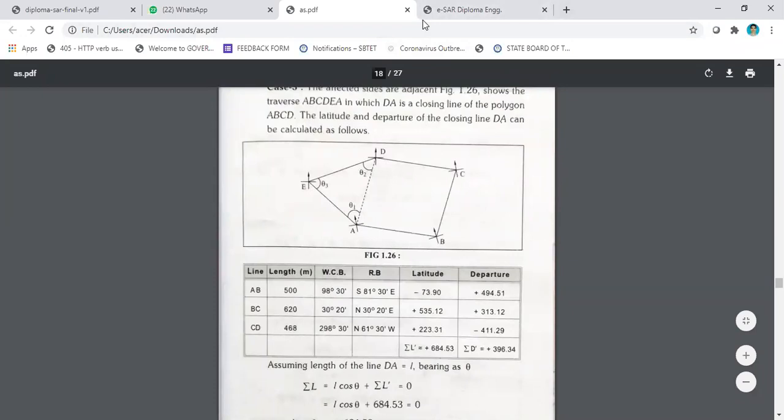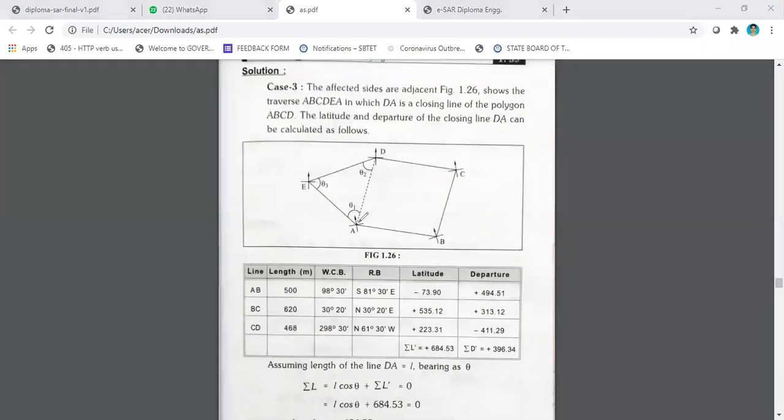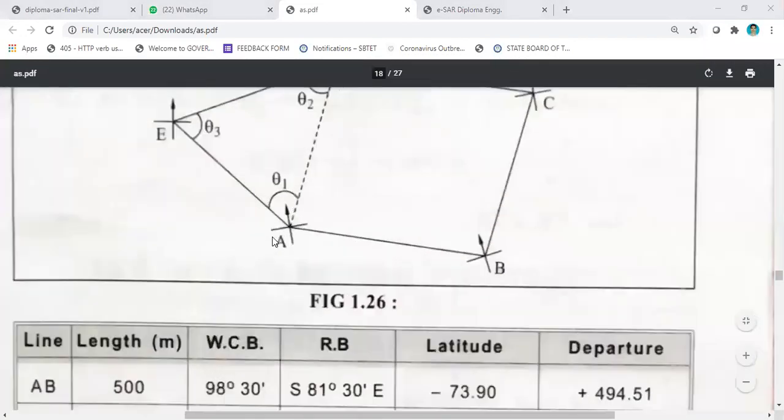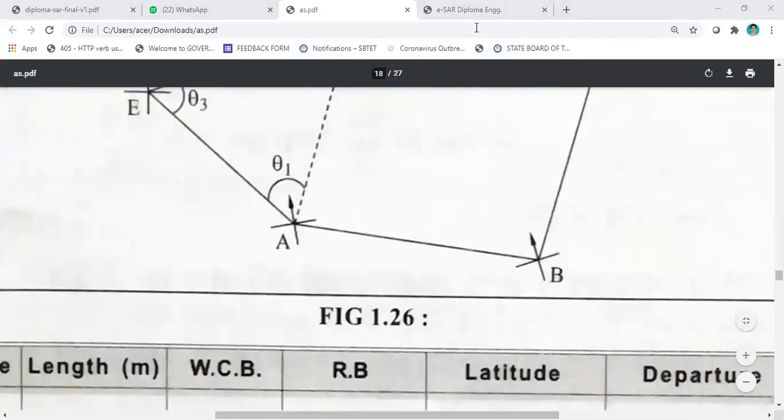Okay, I'll try to draw. Actually, I need to zoom in. Okay, so this is the back bearing of EA.